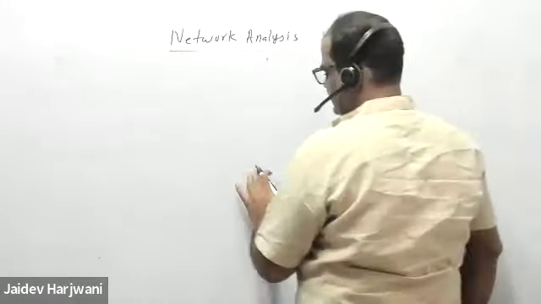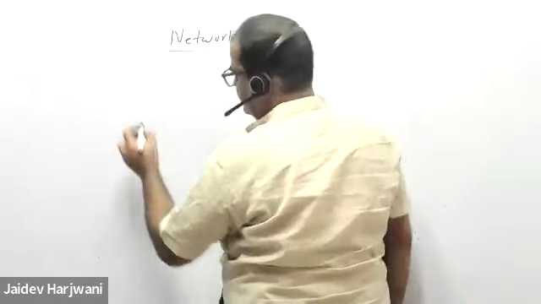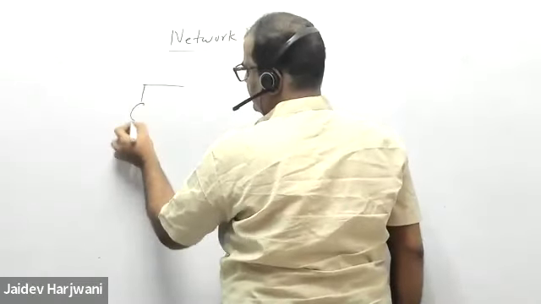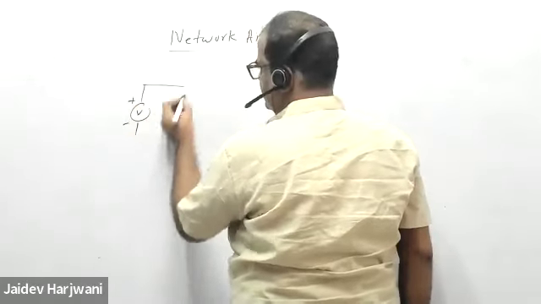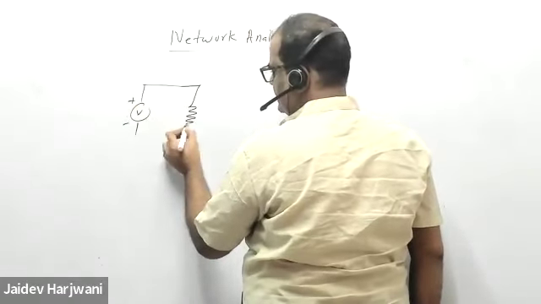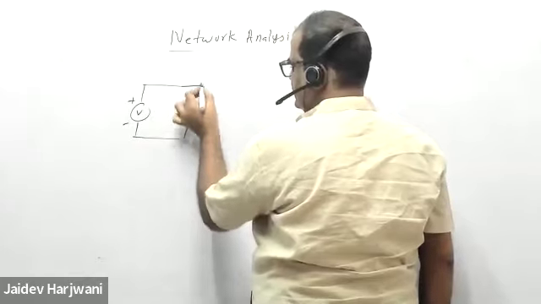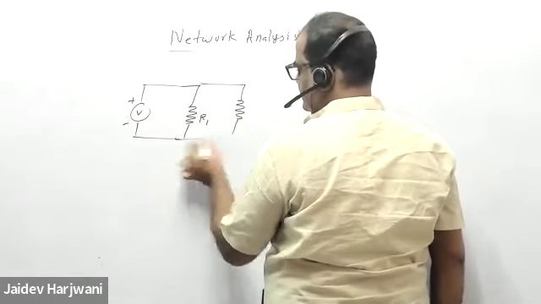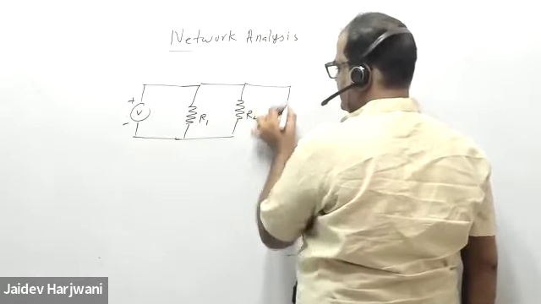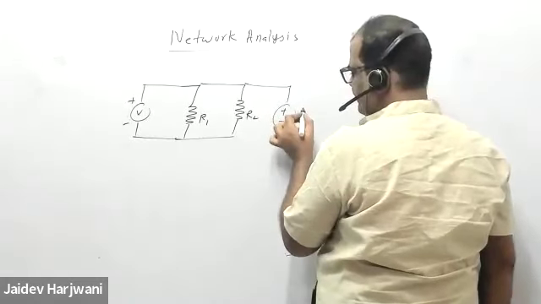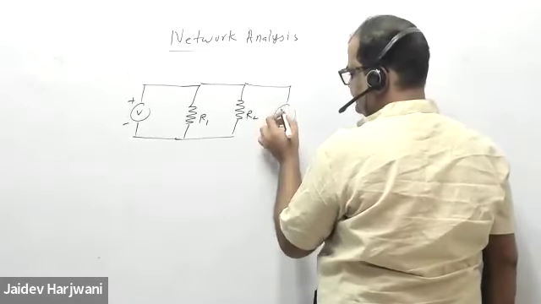Say this is my voltage source, say this is R1, say this is R2, and say I am putting a current source here.